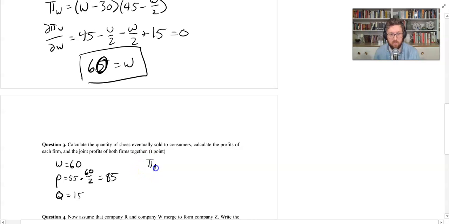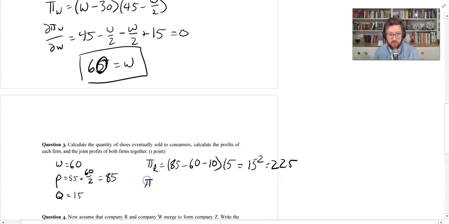So the profit of the retailer is 85 minus costs of 60 for the wholesale price, minus another cost of 10 for sale costs, times 15 units sold. And this is 85 minus 70, so that's 15 squared, which I think is 225, but I'm going to double check. Indeed, this is 225.